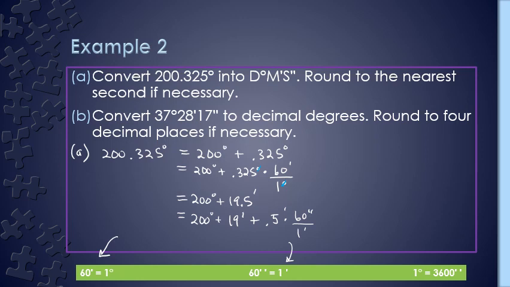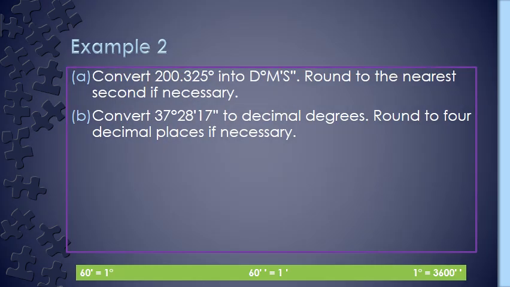Again, I see that some things cancel the way that I want them to. And I'm left with 200 degrees, 19 minutes. And if I substitute into my calculator 0.5 times 60, I get 30, and the unit that I put on there is seconds.